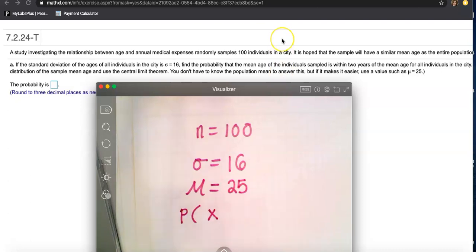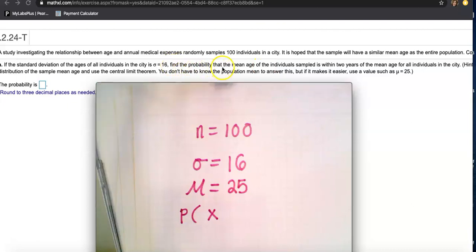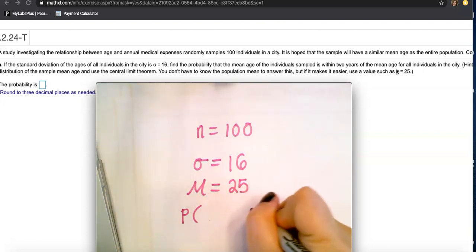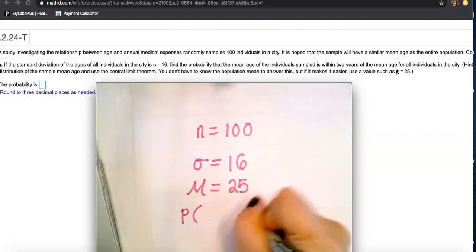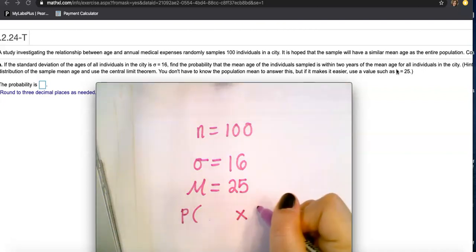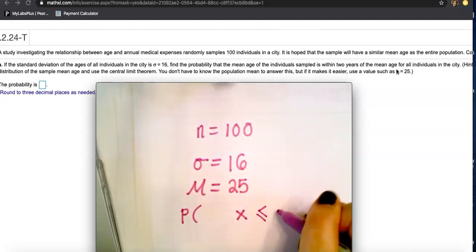What was the question? Oh, here it is. Find the probability that the mean age of the individuals sampled is within 2 years of the mean age. Within 2 years of the mean age. So we have to be careful, because when they say within 2 years of the mean age, and the mean age is 25, this person can be as old as what, 27?